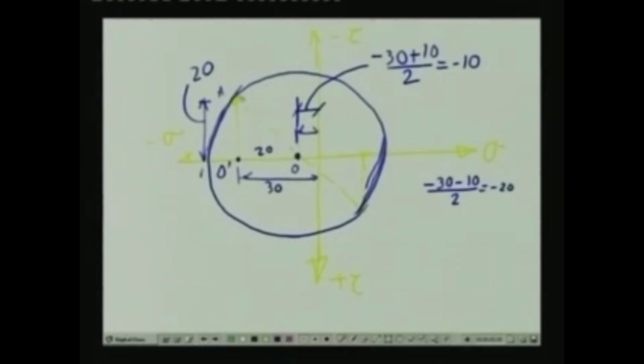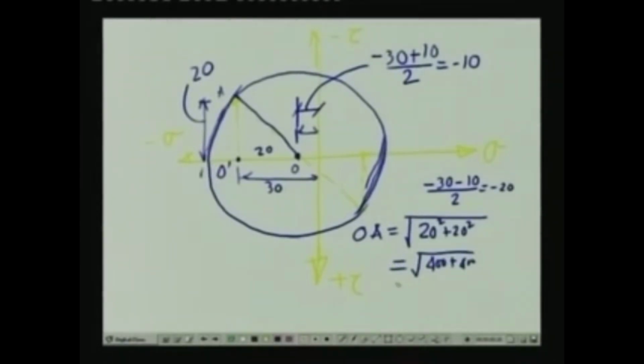So, the radius, this particular distance OA, is equal to root of 20 square plus 20 square, which is equal to root of 400 plus 400, and this gives us a value of 28.28.